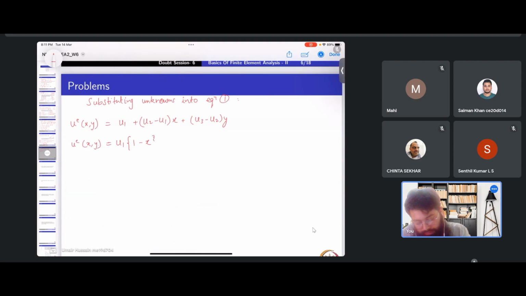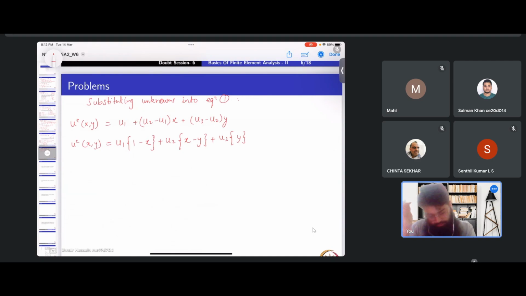We don't have u1 anywhere else, right? For u2, there's no u2 in the first term. We have u2 in the second term, we get x. We have u2 in the third term, we get minus y. And for u3, we don't have u3 in the first or second term, we have u3 in the third term, which is y.